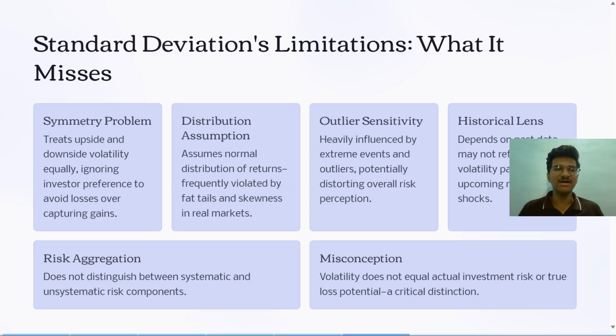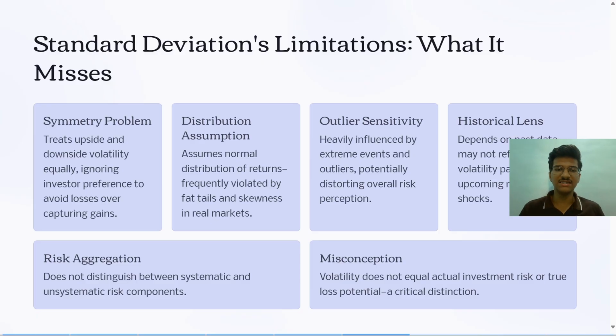Many times having a high standard deviation shies away investors, and that actually affects the investment market a lot. It also assumes that returns follow a normal distribution, which is rarely true in real markets, where extreme events occur more often. Any sort of economic loss, economic slowdown, or recession is very difficult to predict because of standard deviation.